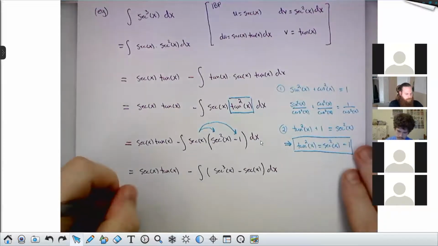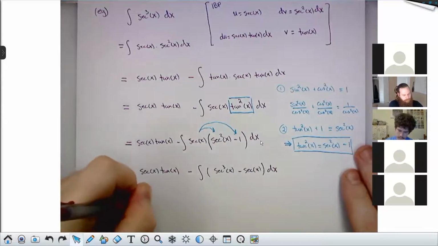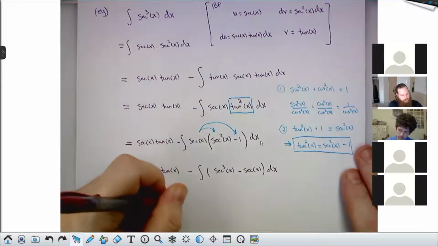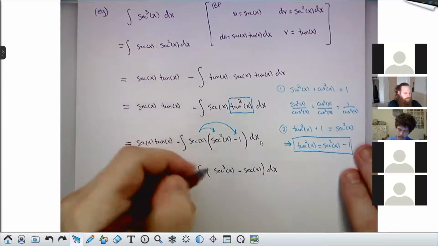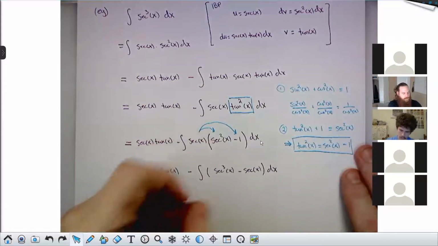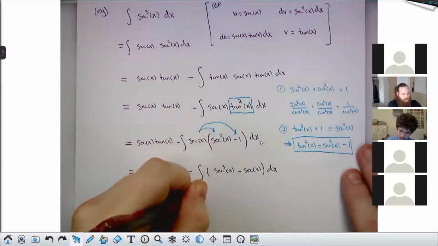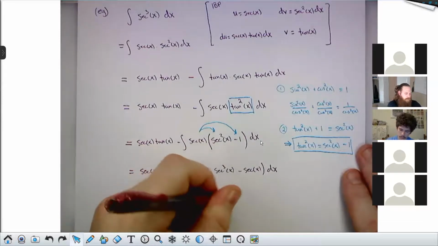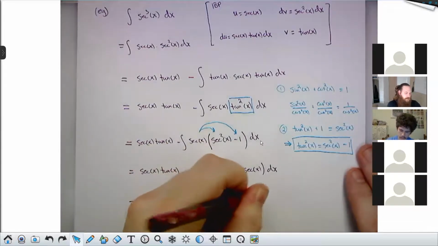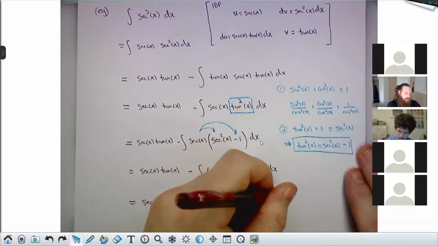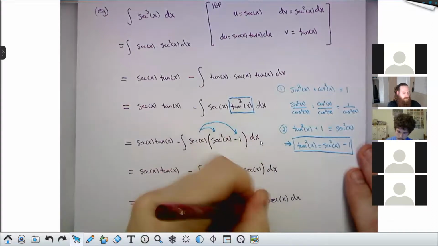So next, I have to split up this integral and distribute this negative sign. So I'll have minus integral secant cubed x dx plus integral secant x dx.